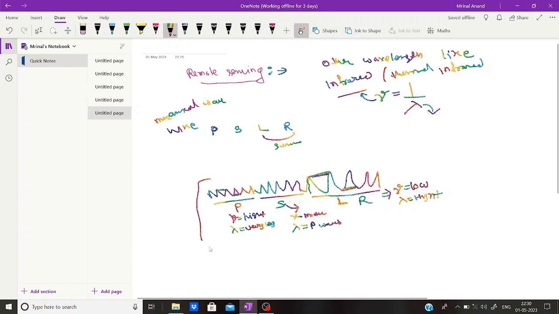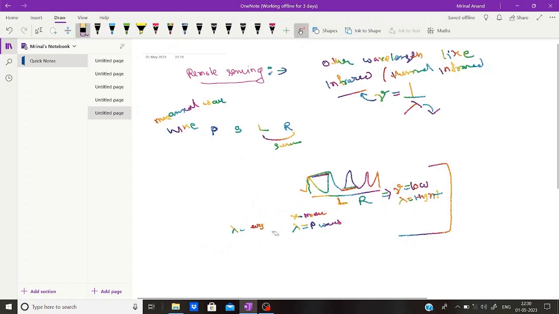So these are basically the seismic waves that are used to study the interior of the earth. I'm connecting this here to analyze more about the structure of the waves.